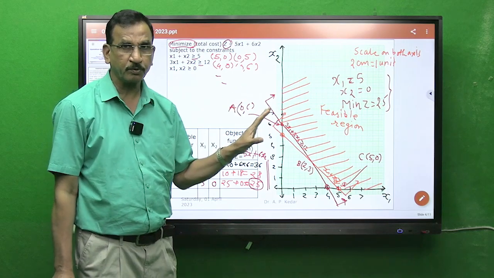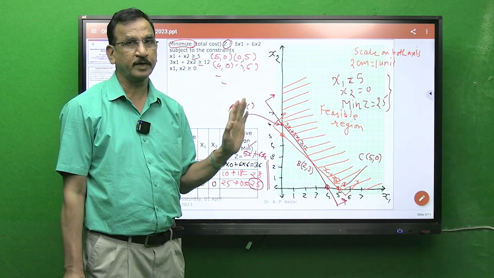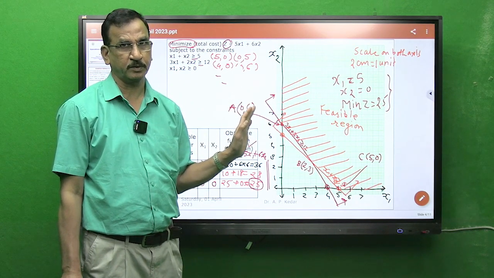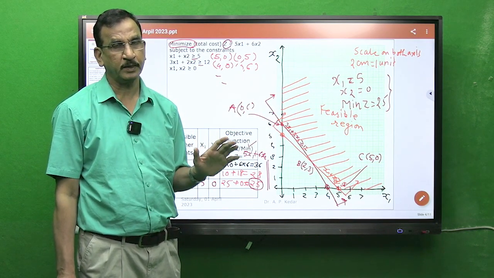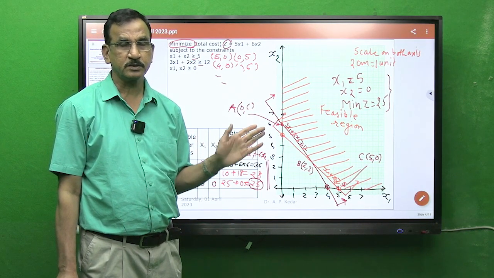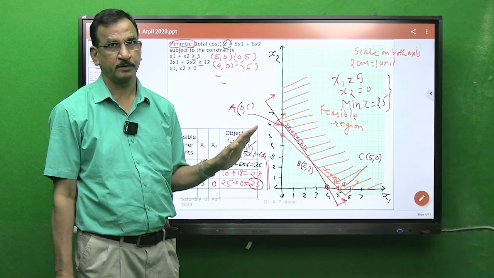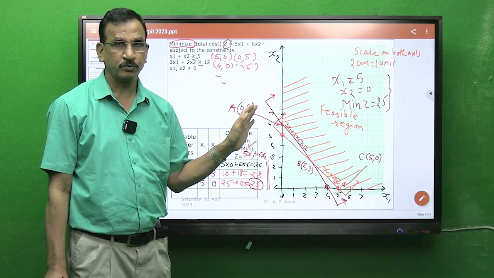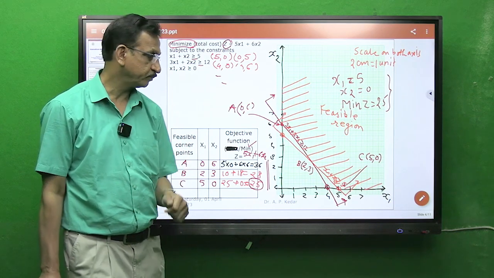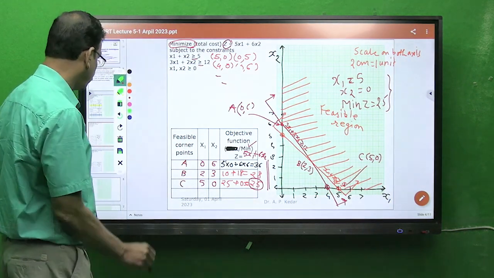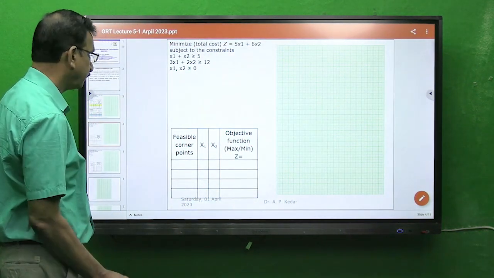Now our focus right now is on two variable problem, graphical method. These problems can also be solved by analytical method, that is by simplex method or big M method. Answer will be same if you attempt it by graphical method or by simplex method. So now we'll go for next problem, graphical solution.